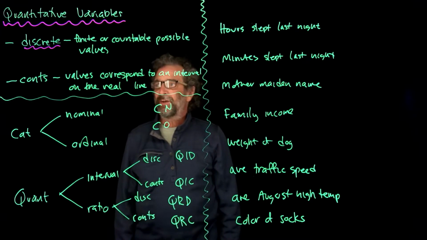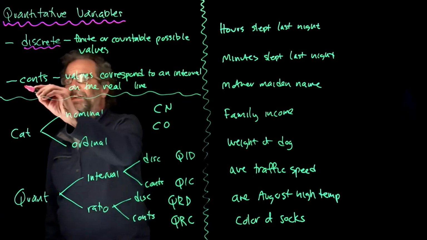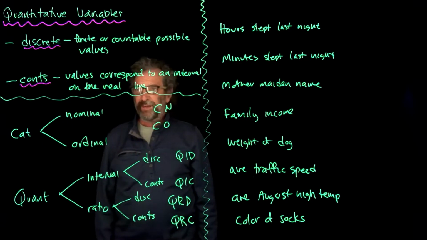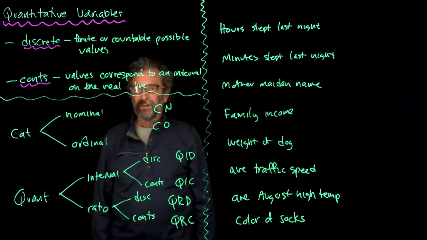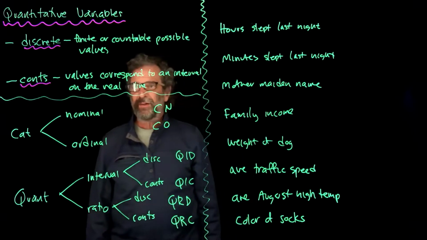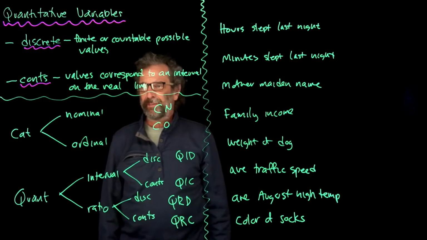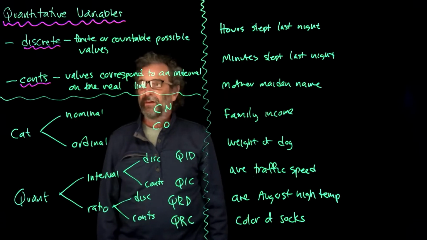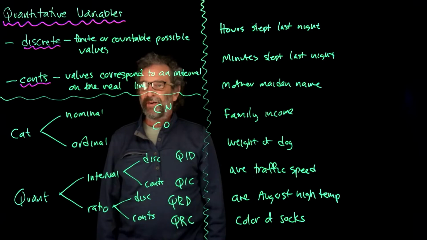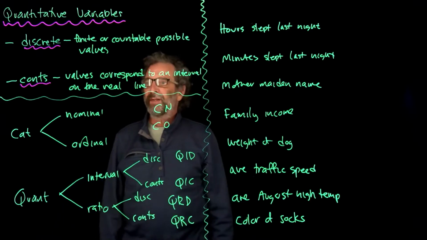And then over here on the continuous side, the values correspond to an interval in the real line. Now we're thinking of measurements like length, weight, temperature, or if you measured it accurately, it could correspond to any real number. It's not forced to be specific values. So not everything's forced to be integer values. If you ask somebody how old they are, they're going to say 27 years old.